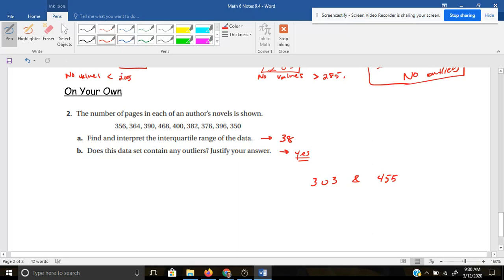Kind of like our boundaries here, we had 205 and 285. The boundaries here were 303 and 455. None of the numbers are less than 303, but one value, 468, is greater than 455. So 468 is our outlier.